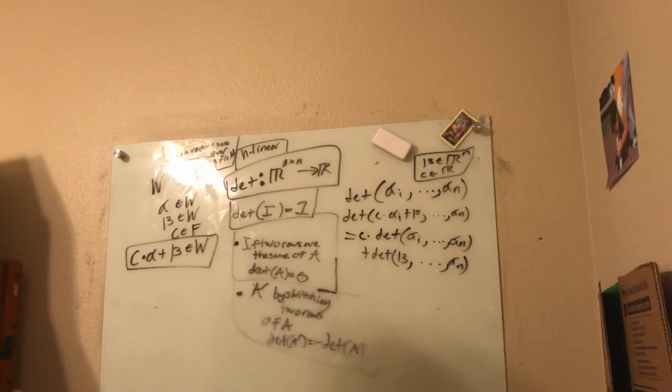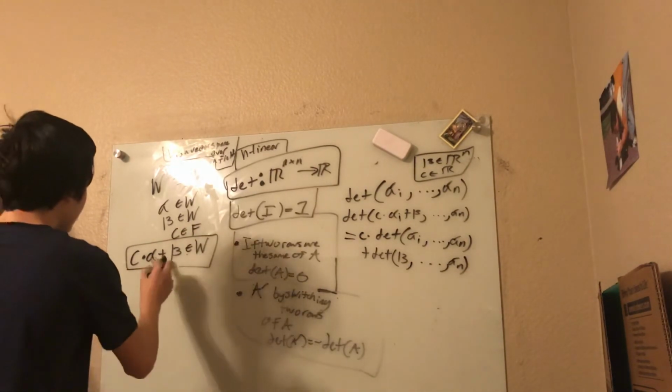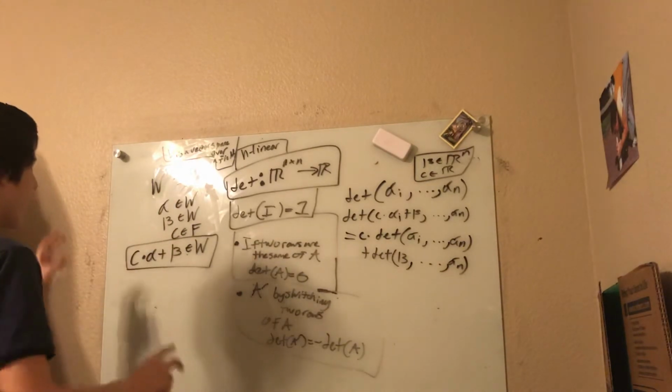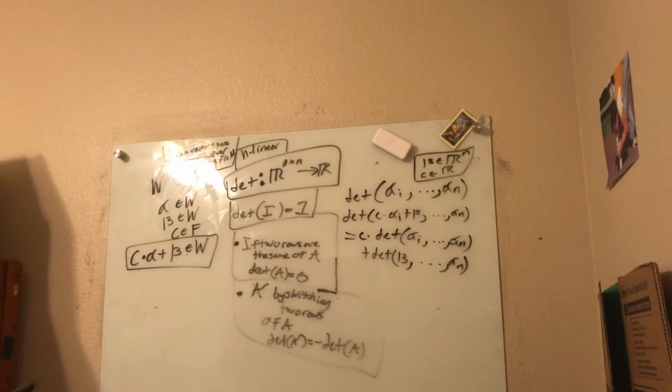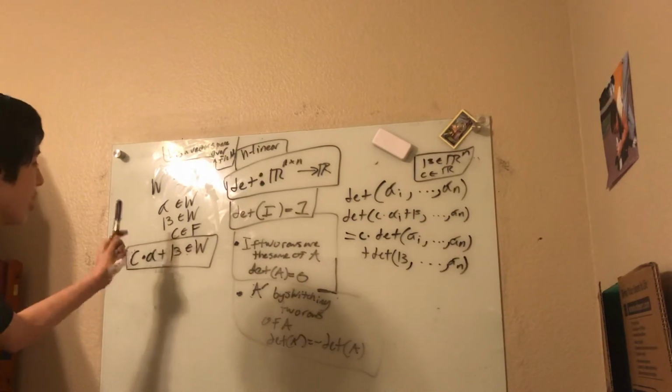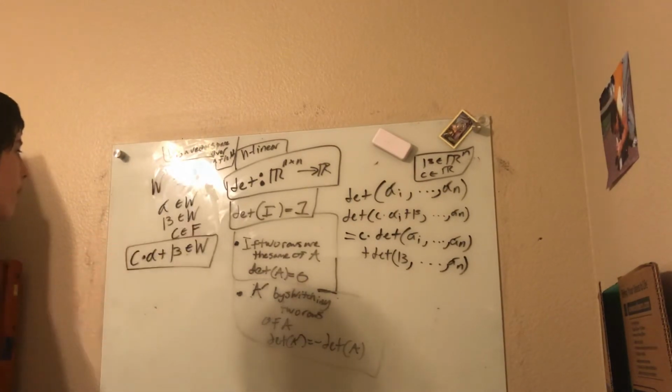W is a vector space, right? So this is basically saying it's closed under addition and scalar multiplication. So that's how we know if W is a subspace of V, right?